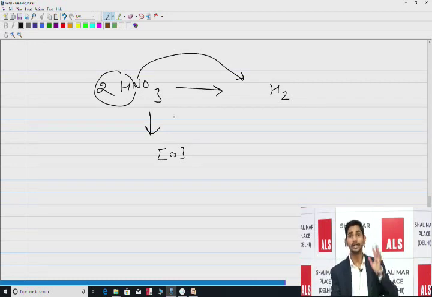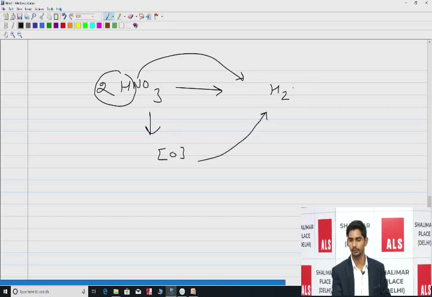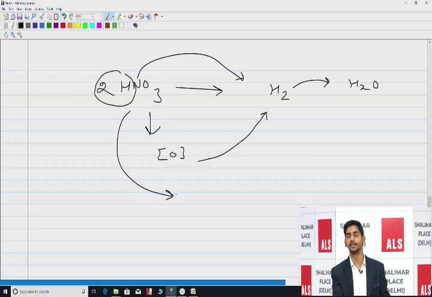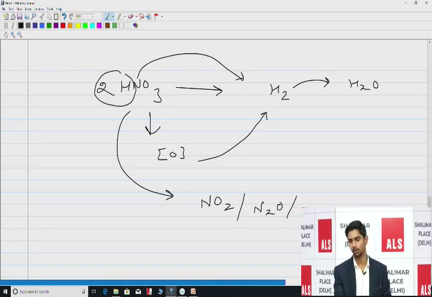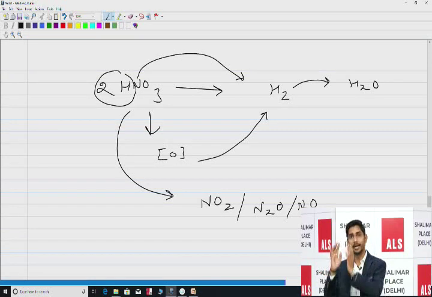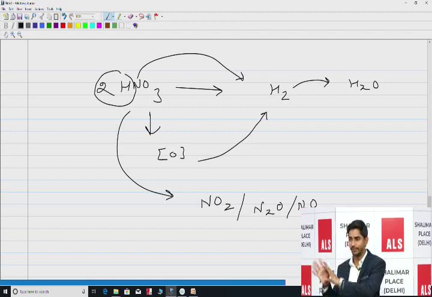Now that H2 gets combined with this oxygen to give you H2O. And whatever remaining will be either NO2, N2O or NO, depending on the situation. It is like HNO3 gives you H2, that H2 will convert into water, and whatever is left after that will be either NO2, N2O or NO.